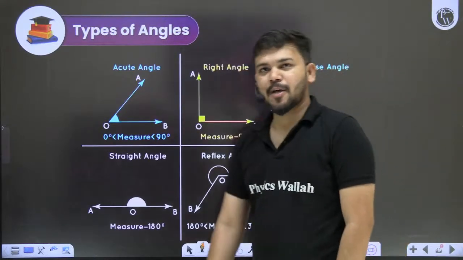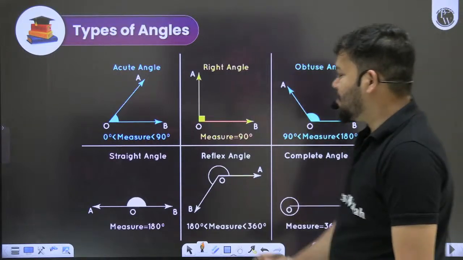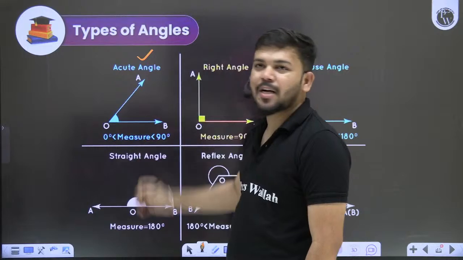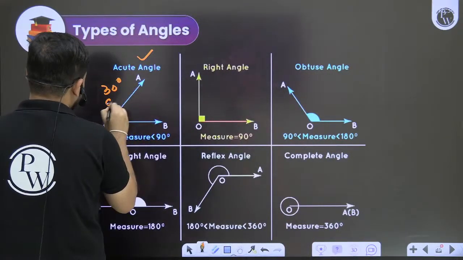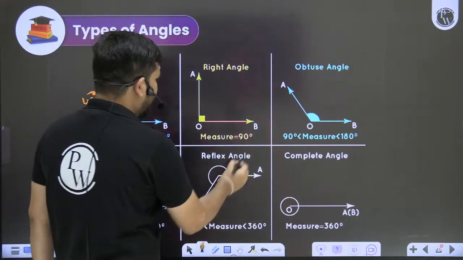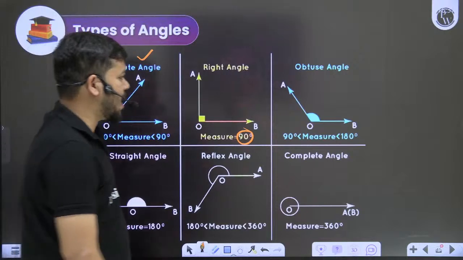Next one, types of an angle. You can see here, acute angle, which will be between 0 and 90. Examples are 30 degrees, 60 degrees, 45 degrees, which are acute angles. Then right angle, if the angle between the two rays is 90, then it is a right angle.